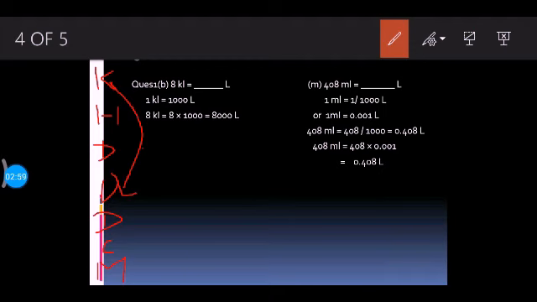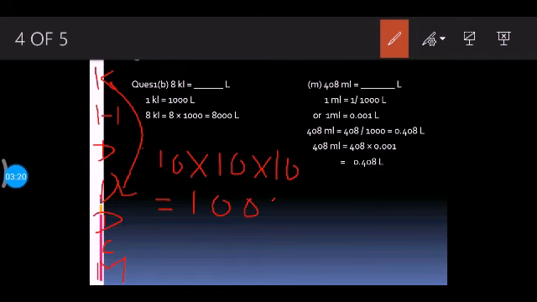So multiplication should be done, and either you can multiply by 10 3 times, or you can directly multiply by 1000, because all of you know 10 into 10 into 10 will be equal to 1000.